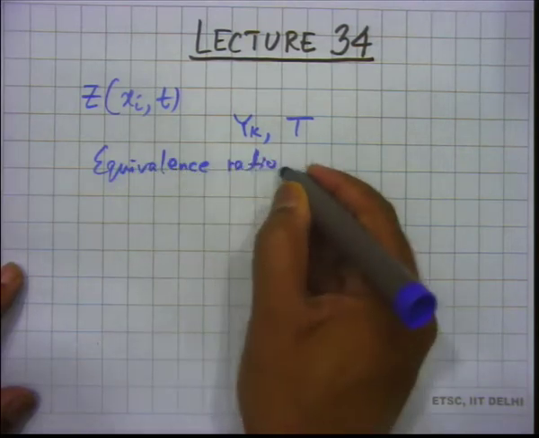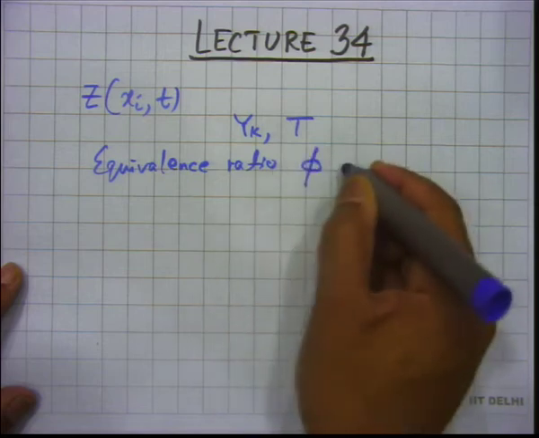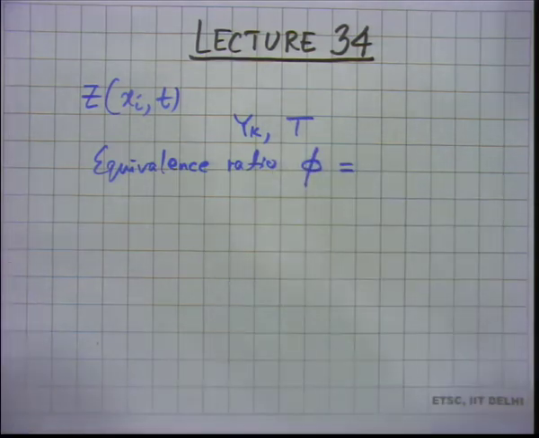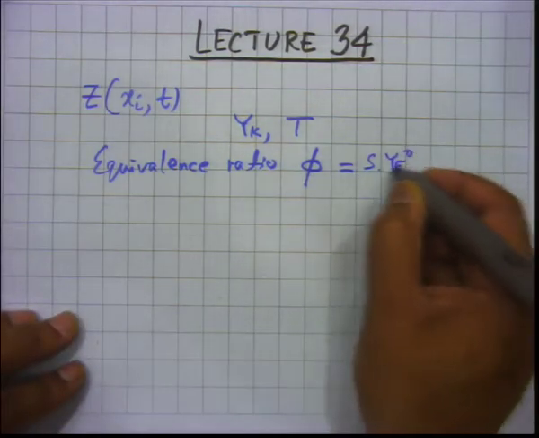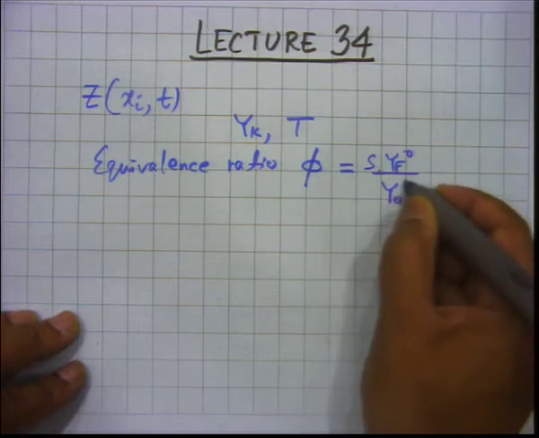So for the equivalence ratio, we wrote phi, and what was that? If you check your notes, S YF naught divided by YO naught.